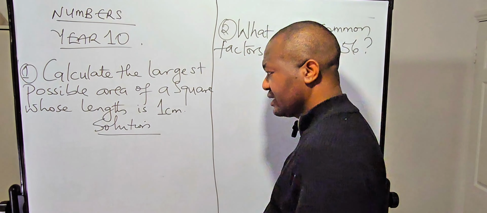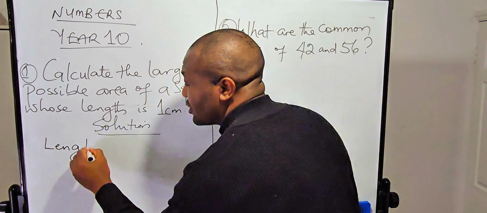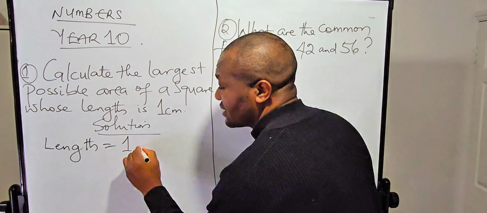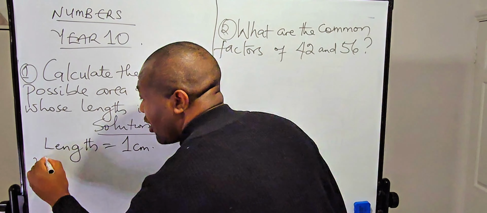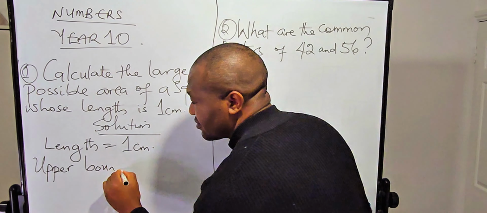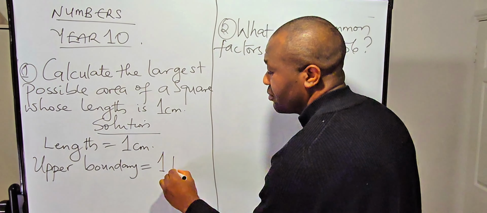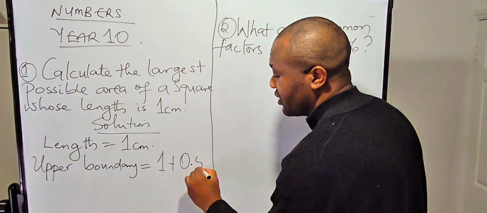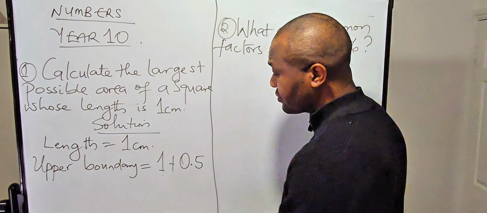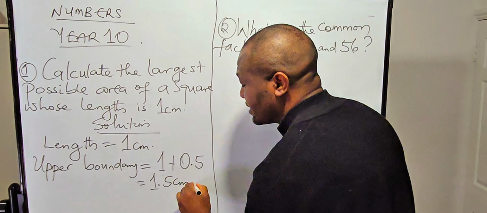What that means is that the length, as seen from the question, is 1 centimeter. So the upper boundary will be equal to 1 plus 0.5. And that gives you 1.5 centimeters.